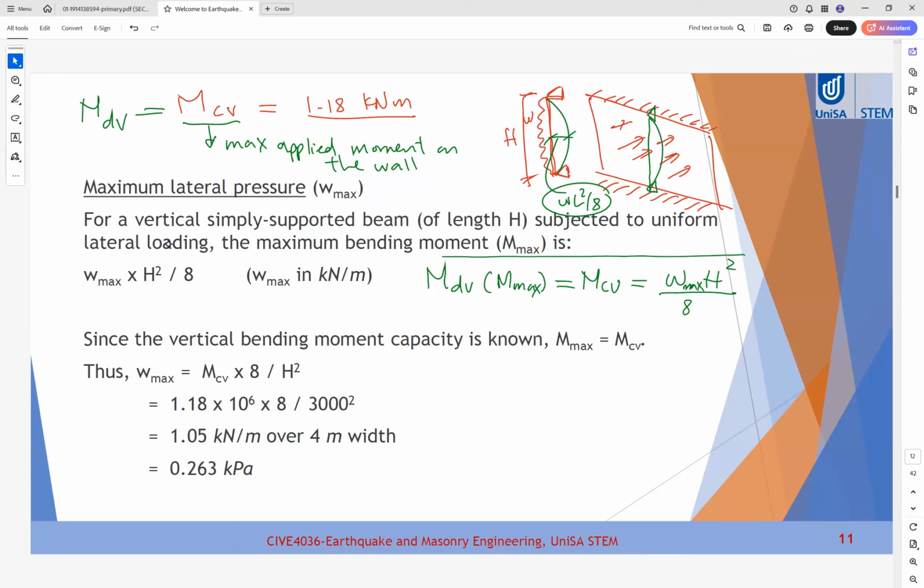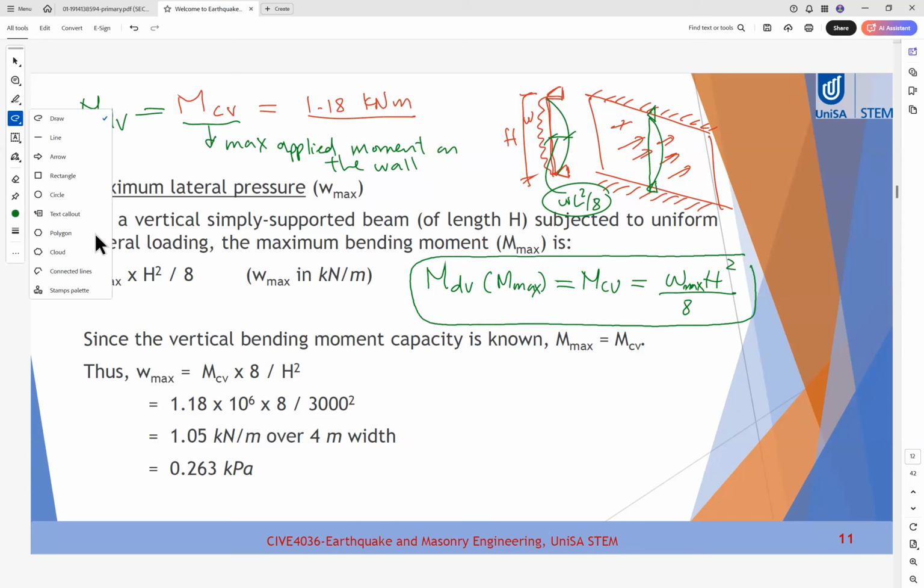So this is our formula to use now. What do we know in this formula? We know that we have MCV 1.18 kilonewton meter. We have the height of the wall, 3 meters. So now we can find W max.